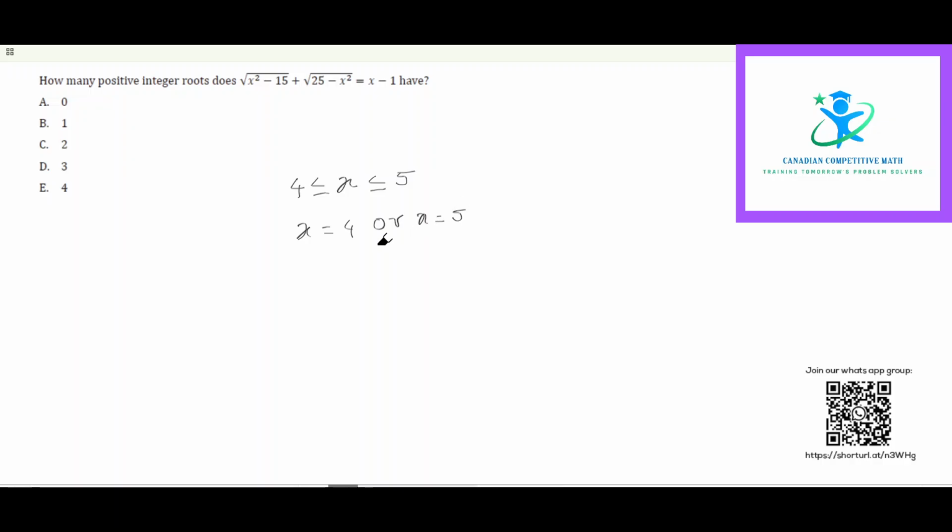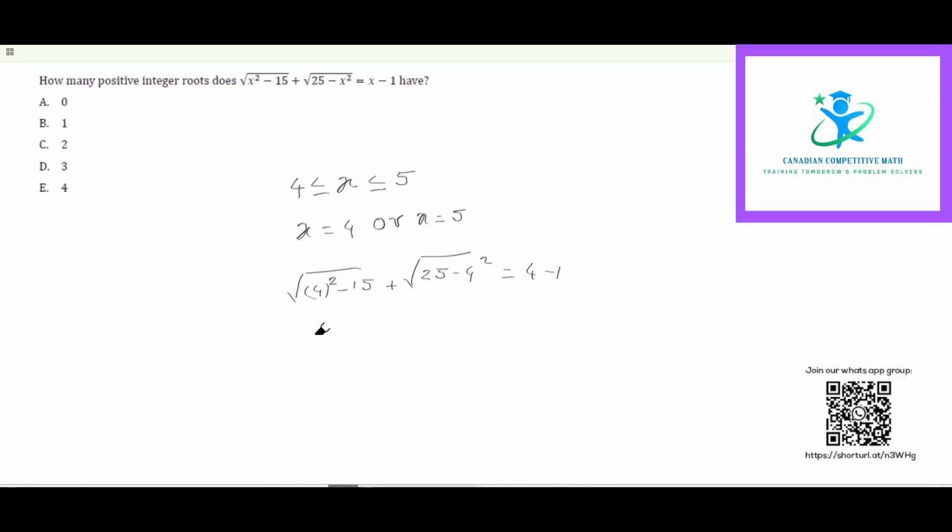Okay. So if we substitute x equal to 4 in the equation, it becomes square root of 4 squared minus 15 plus square root of 25 minus 4 squared, equal to 4 minus 1.